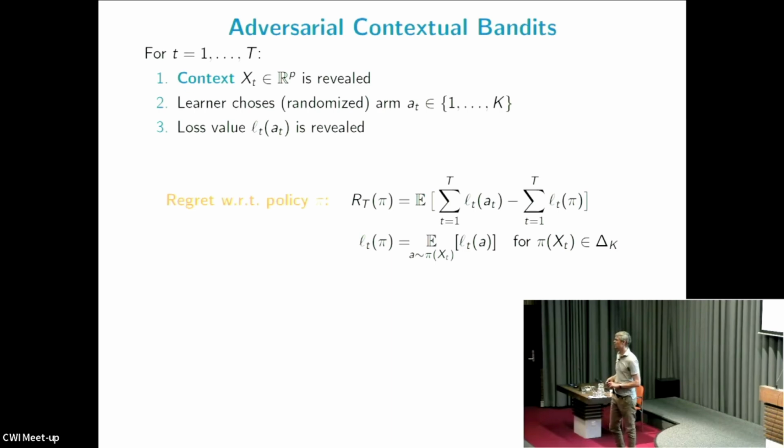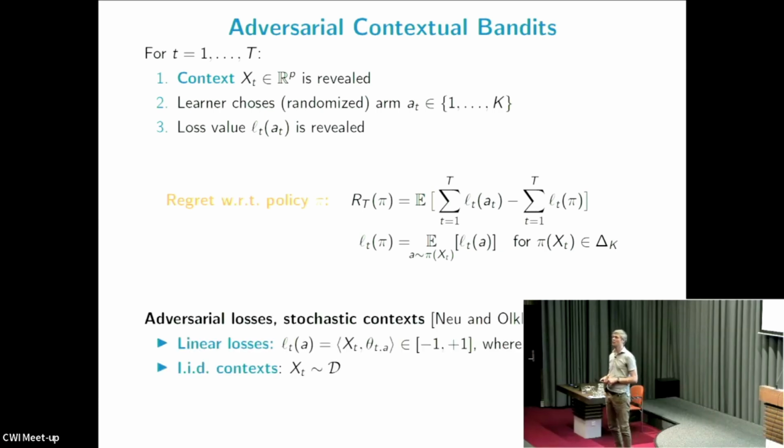If you make everything adversarial, like the context vectors and the structure of the losses, then there's nothing to be done here. It's too difficult. So you need to make some assumptions to make this feasible. In particular, there are two types of assumptions. One is the setting of Neu and Olkhovskaya, where it's assumed that the contexts are stochastic. They come from a fixed probability distribution. And then the losses for each arm are linear functions of the context, where the coefficients in this linear function are changing over time, and they're actually adversarial.